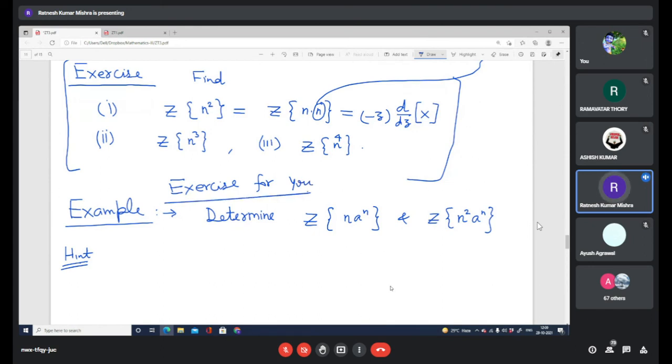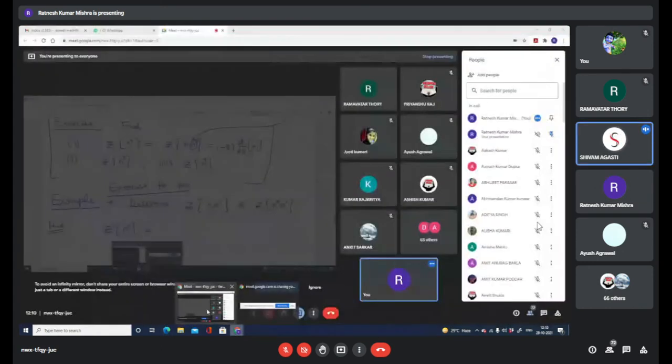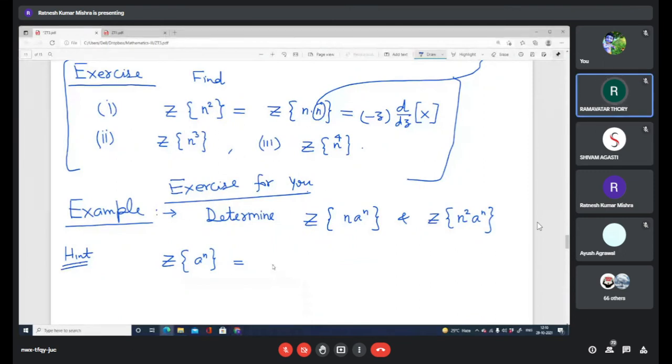Okay, so see, again use the above formula. So what is Z transform of a power n? Anyone? Quickly, speak. Hello? Z by Z minus a. Z by Z minus a. Correct.